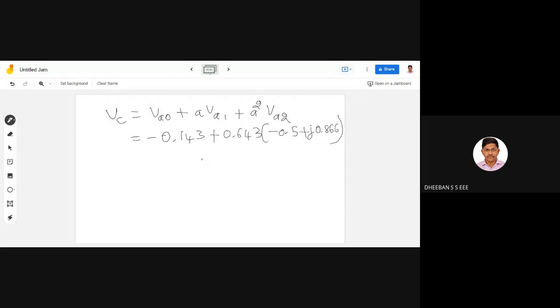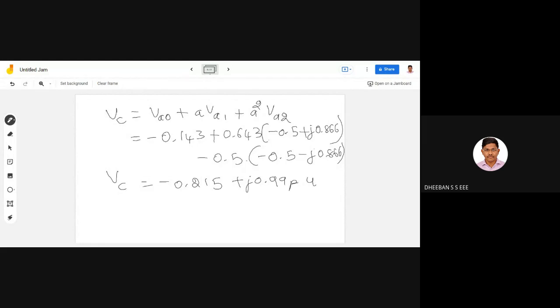Okay, and this will be plus, sorry, not plus, minus 0.5 minus 0.5 into minus 0.5 minus j 0.866. So VC will be around minus 0.215 plus j 0.99 per unit.